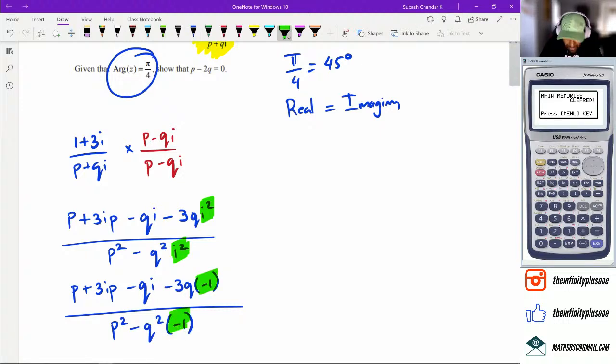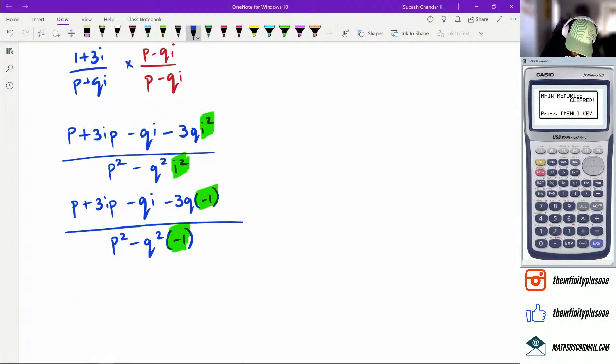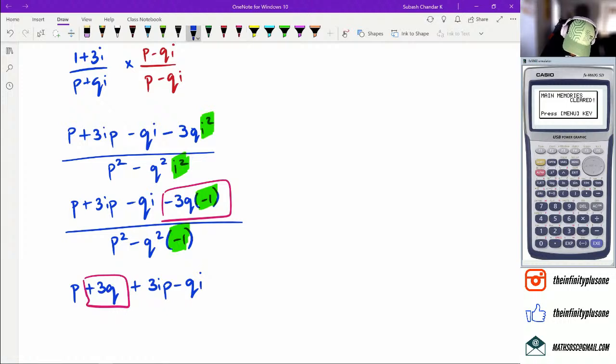Now this part is really important, because whenever you get a question like this, just rationalize the denominator and start rearranging, and things just magically start falling into place. So in this case, we've got p plus 3q plus 3ip minus qi. If you wondered how I got the plus 3q, that's basically this here. And that's all divided by p squared plus q squared.